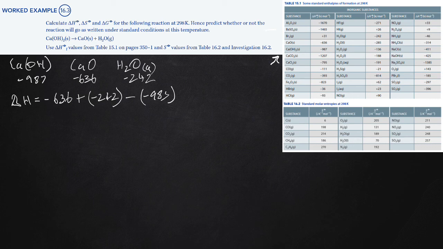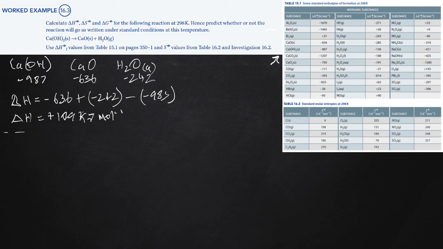Our delta H value, therefore, is going to be plus 109 kilojoules per mole. All right, so we have an endothermic reaction to start with, good.